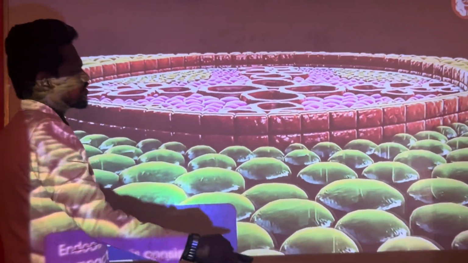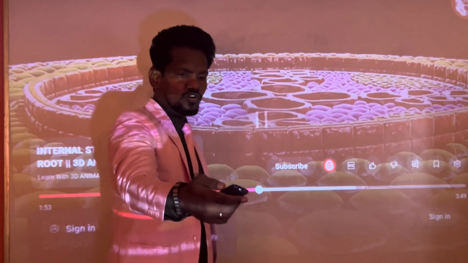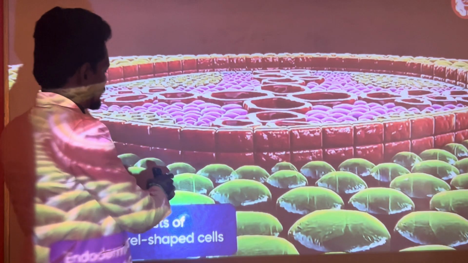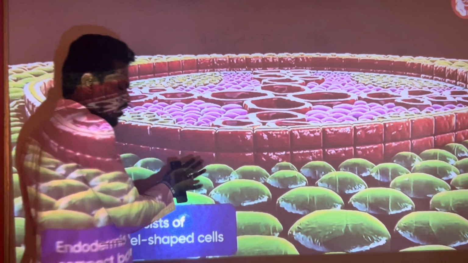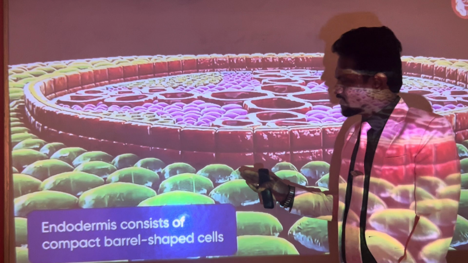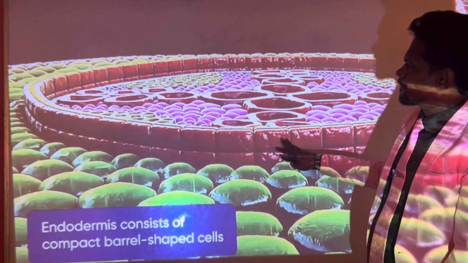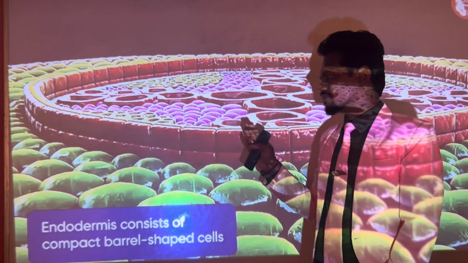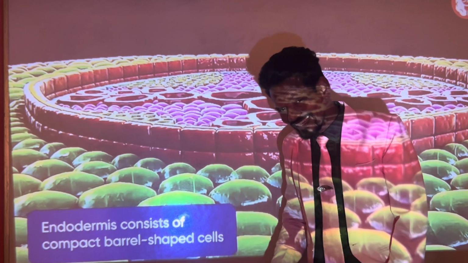This is the endodermis. I have told you, the innermost layer of the cortex forms the endodermis. These endodermis cells have Casparian thickenings.